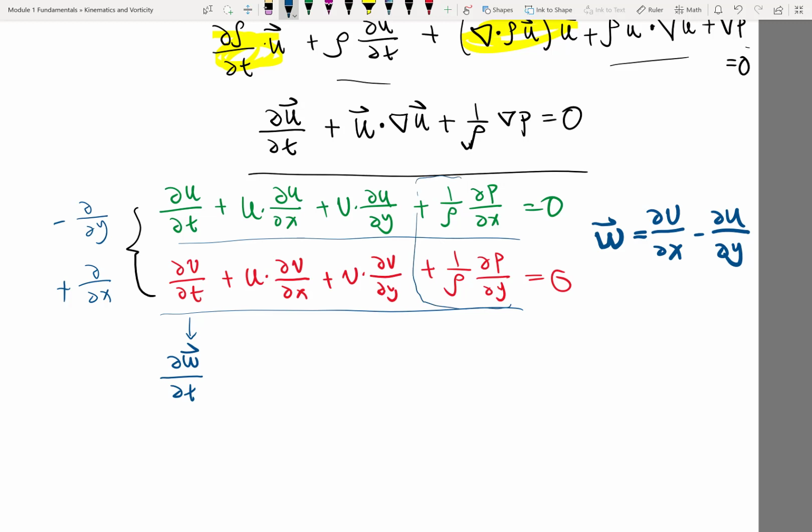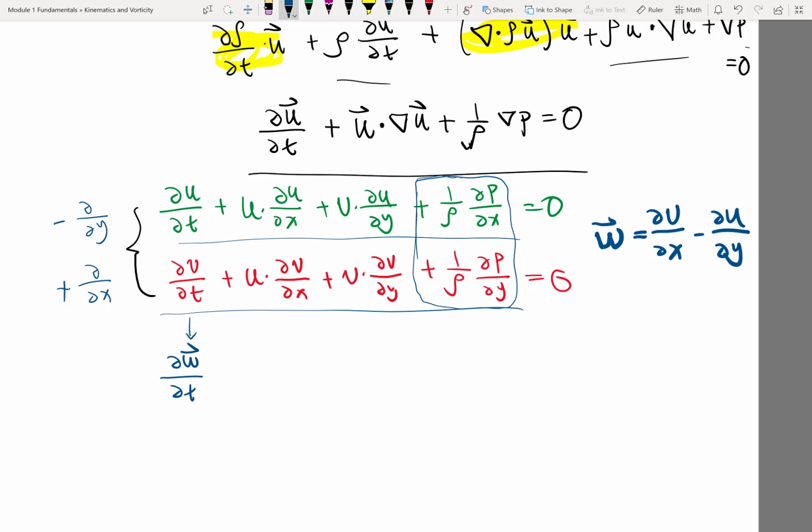This term is quite interesting. When you are considering general compressible flow, when you take the derivatives, it will not become zero, because density actually varies. But if you are considering an incompressible flow where density is constant, what you get is d dx of, the 1 over rho can be pulled out, it is constant.